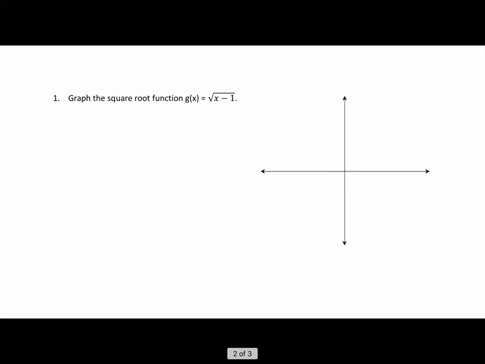And if we were to graph the square root function, remember that looks like a point that goes up. That's the square root of x, where it starts at the origin. That's the basic function. So if I were to graph the square root of x minus 1, what would that look like? I just want a rough graph here. So we can use a transformation like we learned in 8.3.